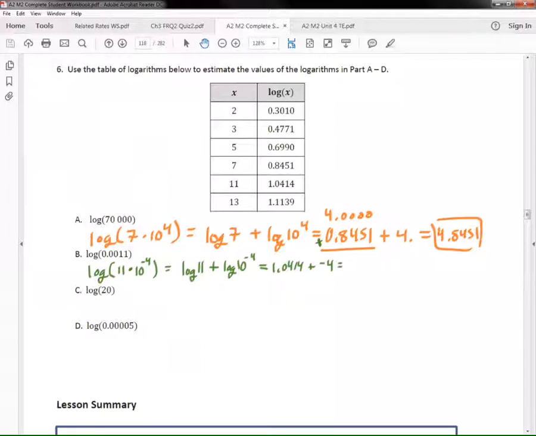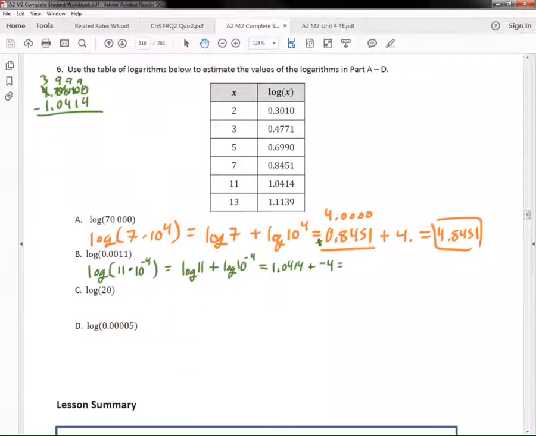You guys remember this? Okay, let me show you right now. We have 4.0000, 4 zeros, minus 1.0414. Subtract. So if I subtract those, let's see. I would borrow, because this is how you guys learned how to do it.